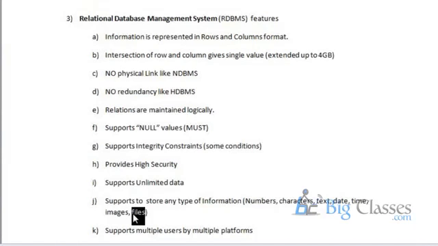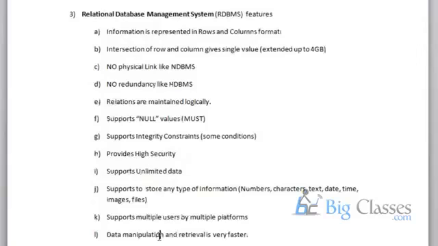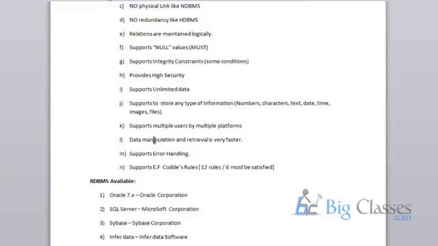So you can store any kind of data in a database. Then supports multiple users on multiple platforms. So multiple users can operate this environment simultaneously. Then data manipulation and retrieval is very fast.